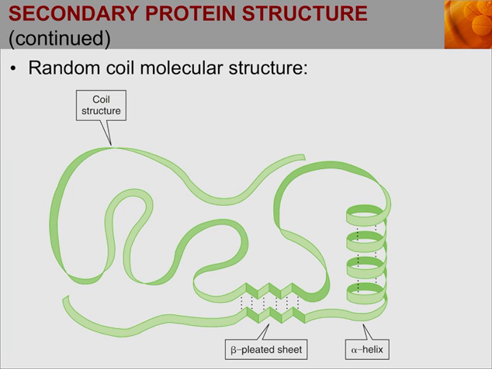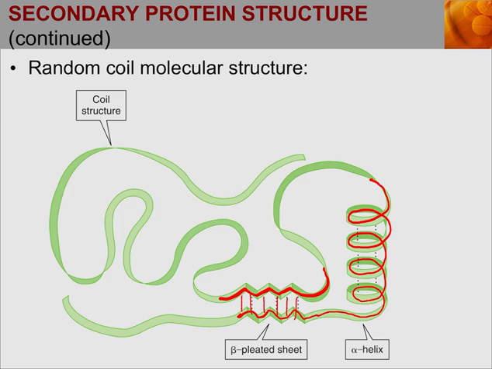So in this example, the protein chain is wrapping around, and at one point, the amino acids will line up in such a way that we get this coil. But then further down the line, it might line up with another or different section of the protein and form a beta pleated sheet.